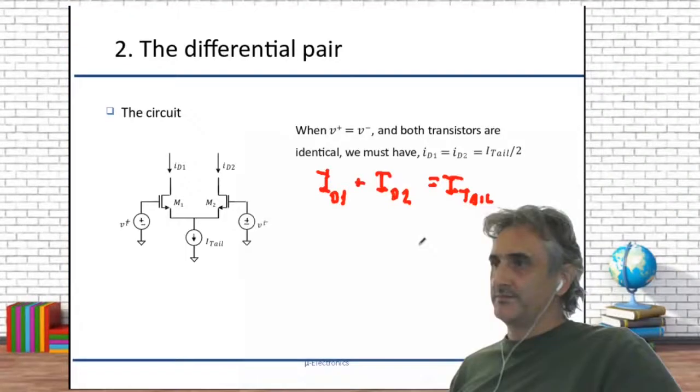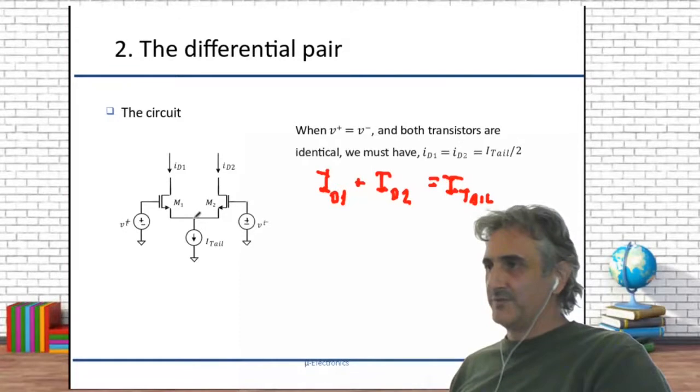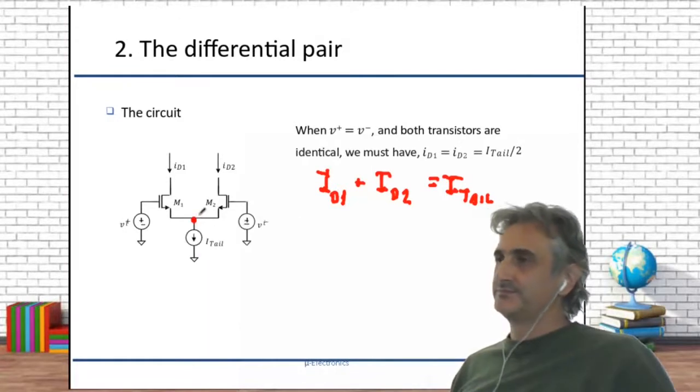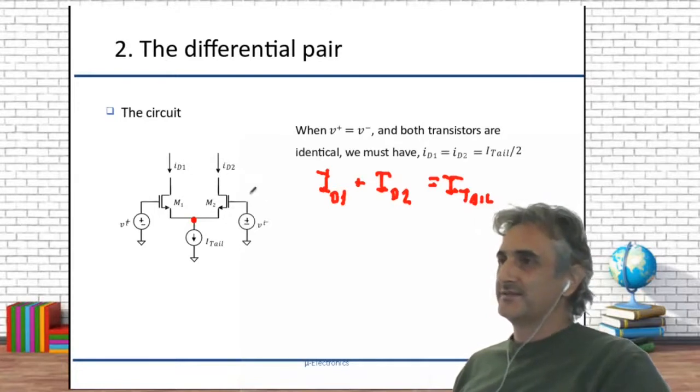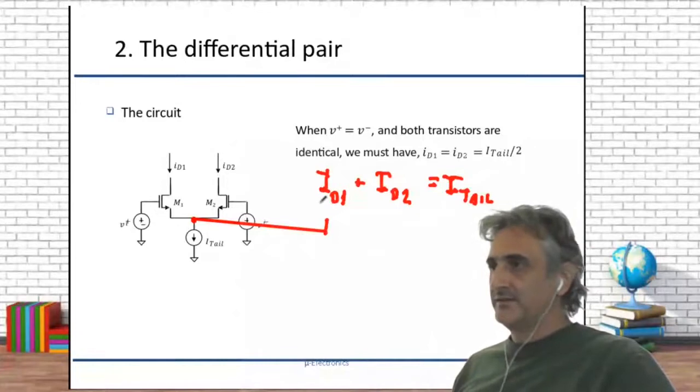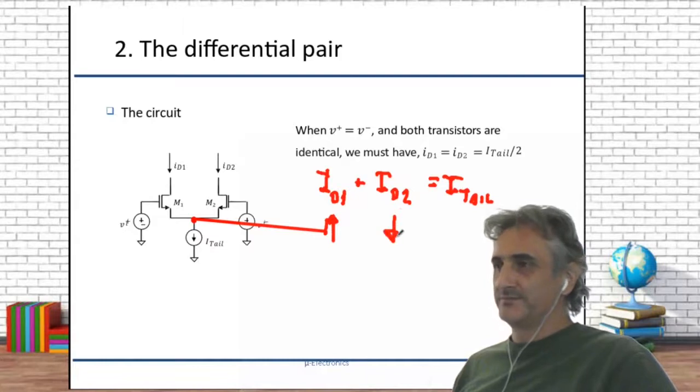But remember, you see that? This is just by applying Kirchhoff's law at this node. So the basic idea is that if you increase one of the currents, this current for instance, the other one will go down.